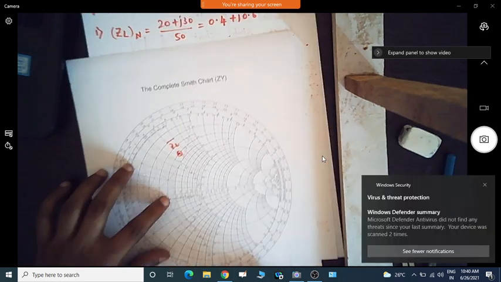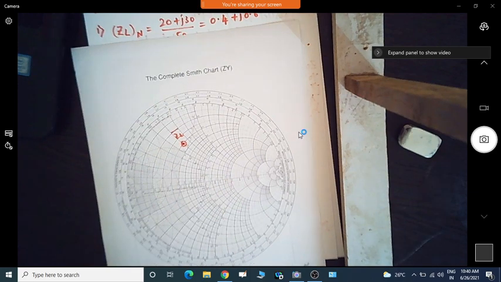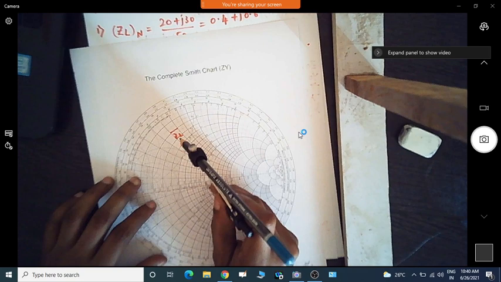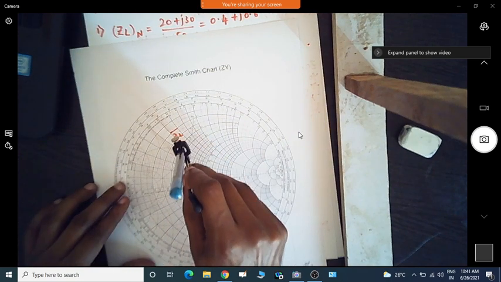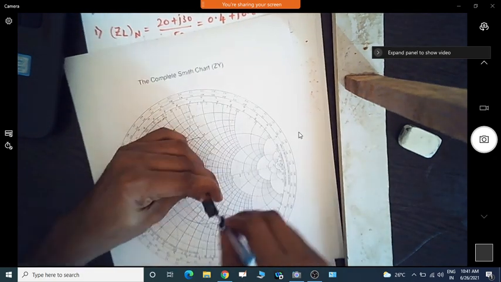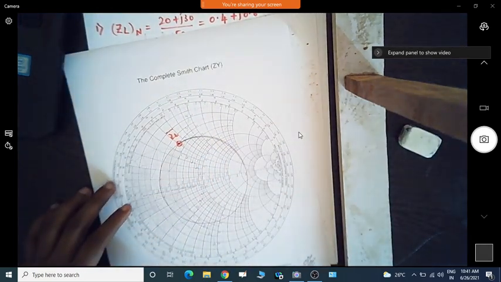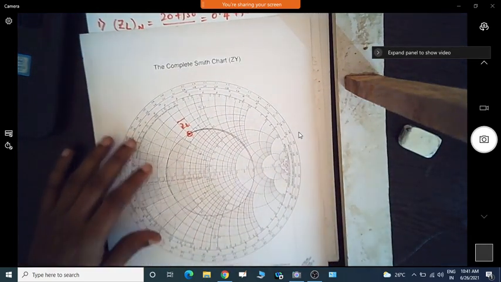Now from this point, first we need to move on the VSWR circle. So first take that radius and draw the VSWR circle. Now I have drawn the VSWR circle.